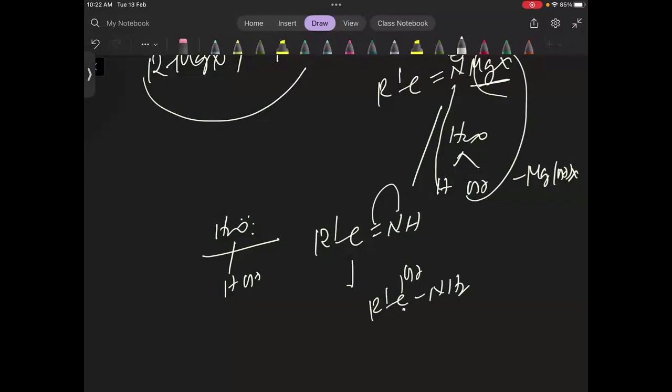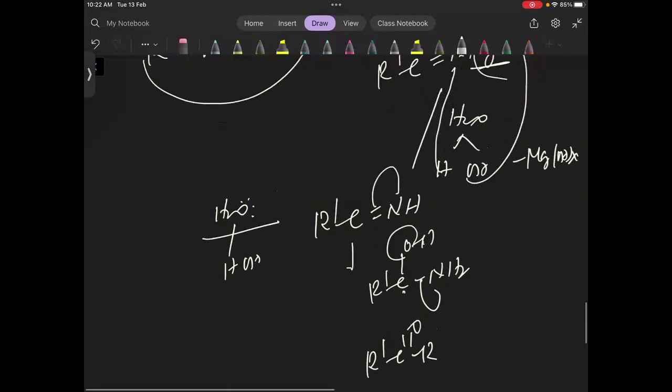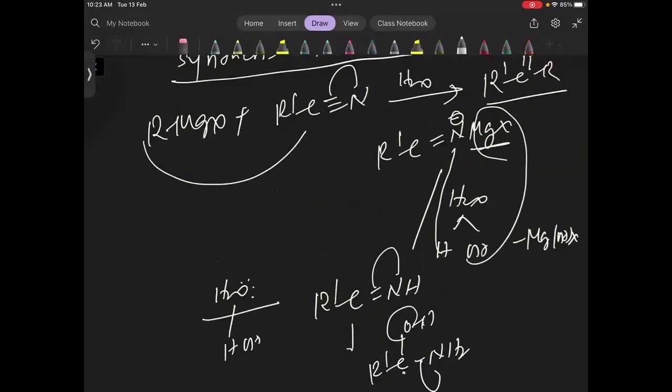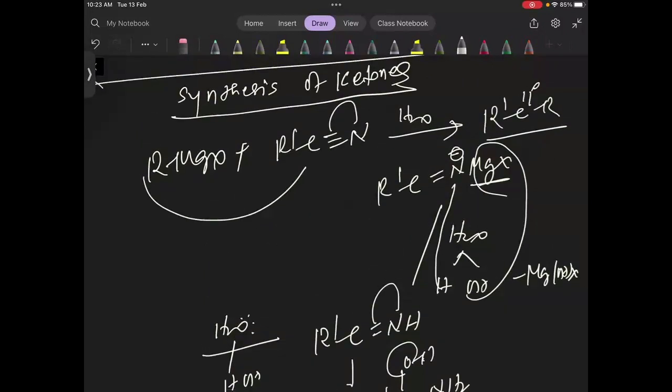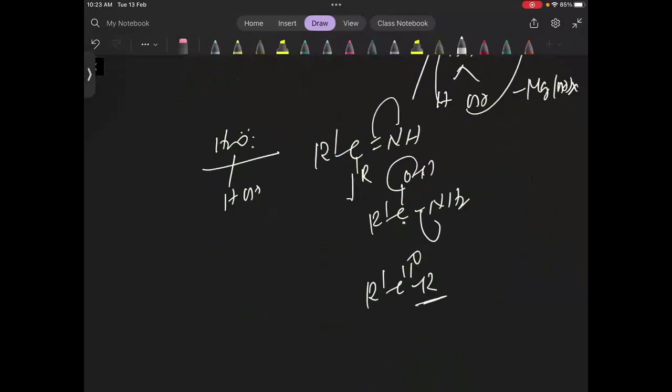Once it is removed, the OH, here I write in detail, will come here, and it will form R dash C double bond O R. Now students, see what happened. When the Grignard reagent reacts here, the alkyl group will react here, and here is the alkyl group, correct? So this alkyl group is there, and here is the R, so that will form the ketone.